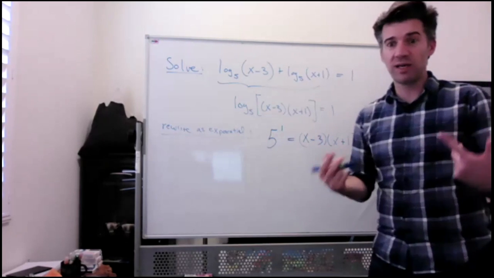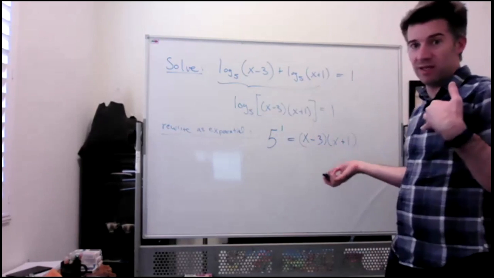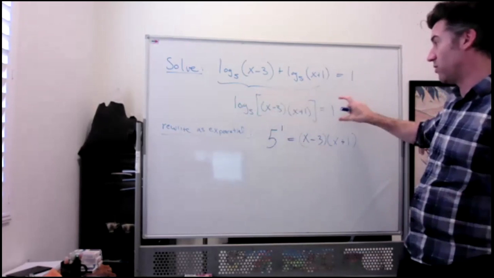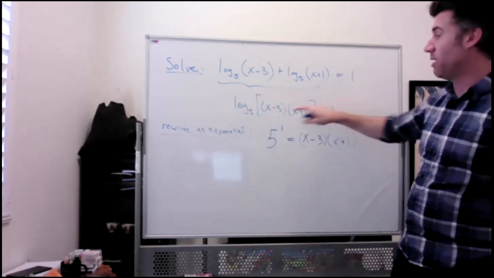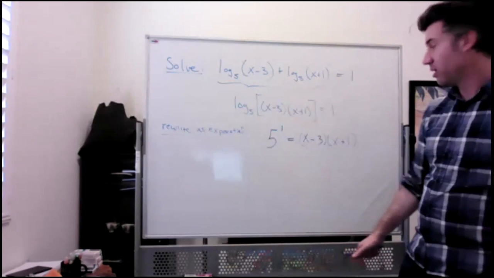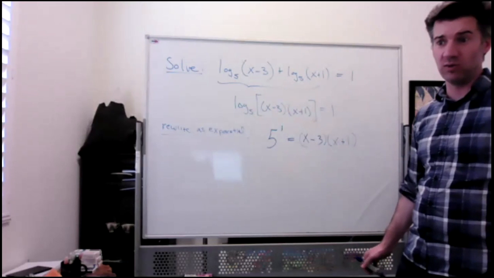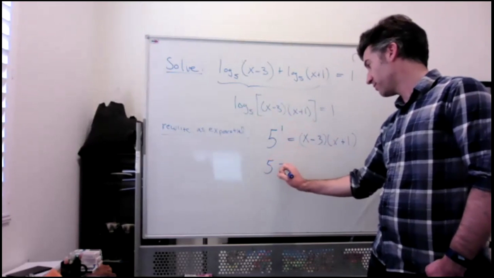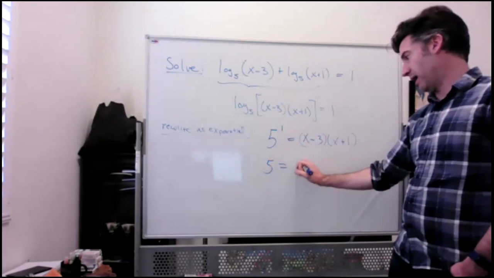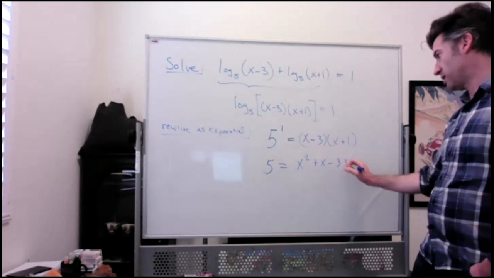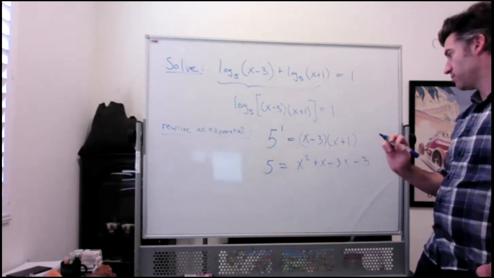Now, to remind you again, the way I remember this is the logarithm should always be equal to the exponent. So I know that 1 is the exponent and 5 is the base, and it's equal to whatever's inside the log. All right, now I'm just going to try and solve this the way I would usually solve a quadratic. So 5 to the 1 is just 5. And I'm going to multiply this out. I get x squared plus x minus 3x minus 3.